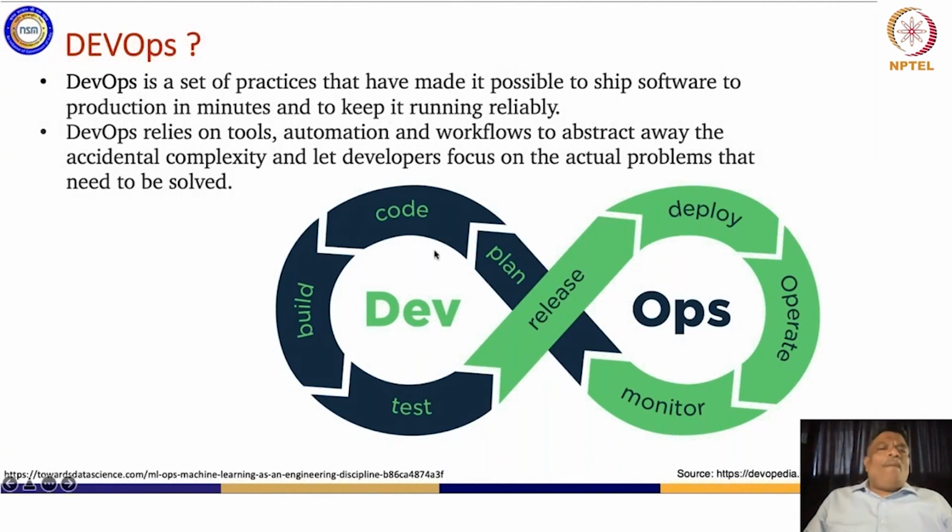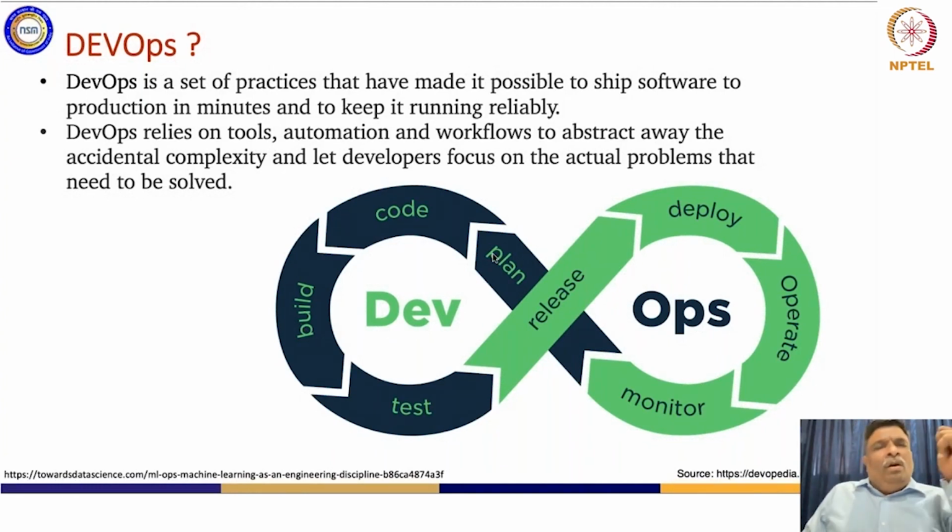So what does DevOps actually do? If you see the development portion of it, you have to plan, code, build, test. Then once you do this for your software, you release it, and once you release it, you have to deploy it, operate it, monitor it. So this portion is the operational part of your project implementation, whereas this is the development part of your project implementation phase.